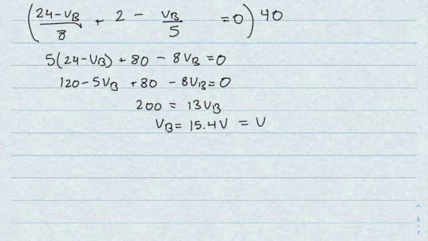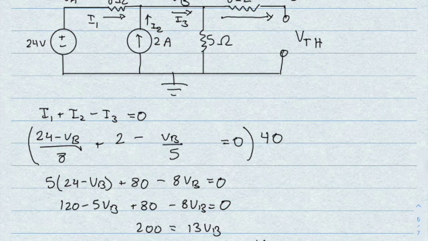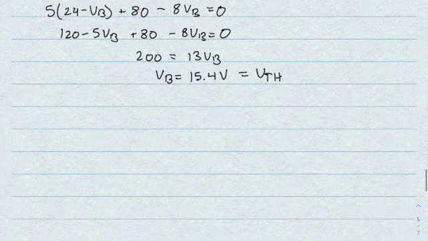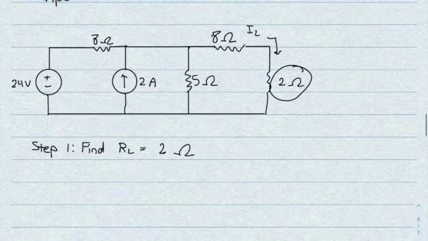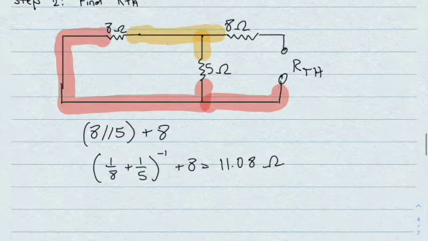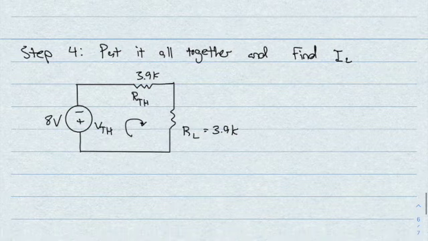And this is going to equal V Thevenin, right? Yeah. Cool. Yep, that's V Thevenin, and now we have everything that we need. And we're solving for the I load. Let me get rid of this. This is from the previous example here.